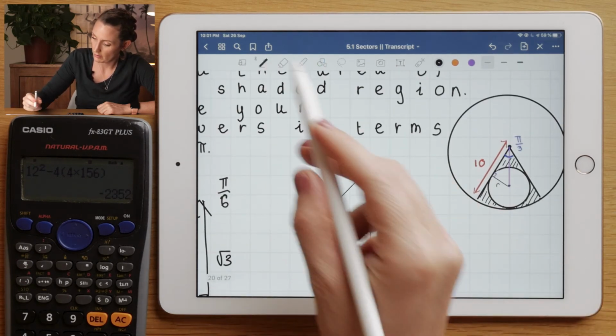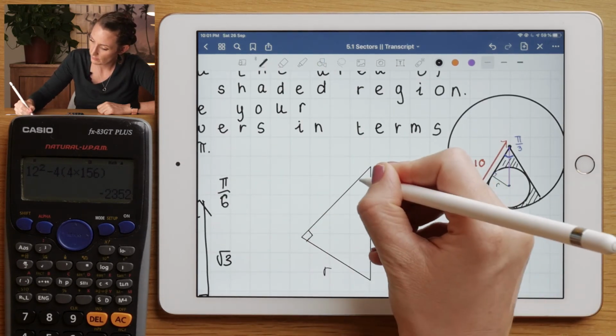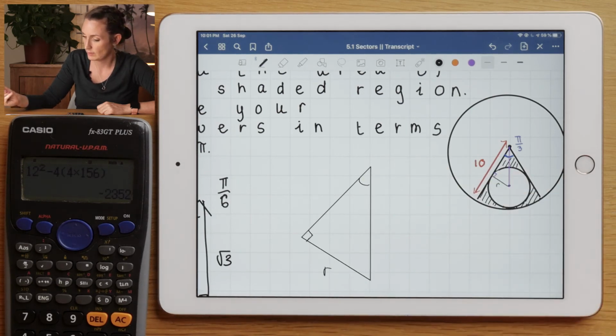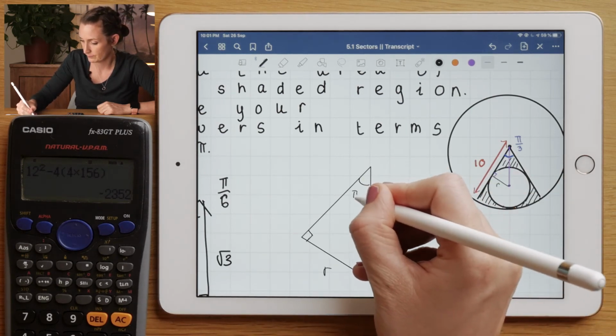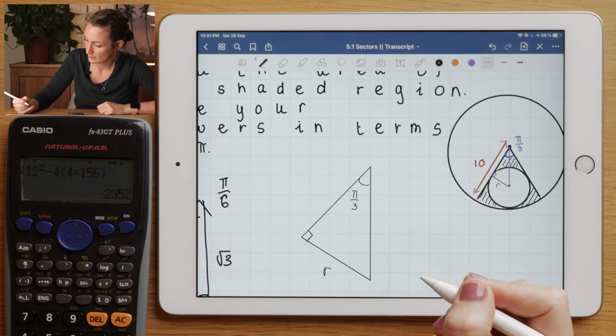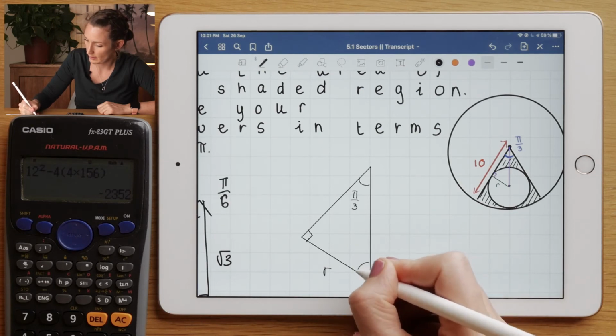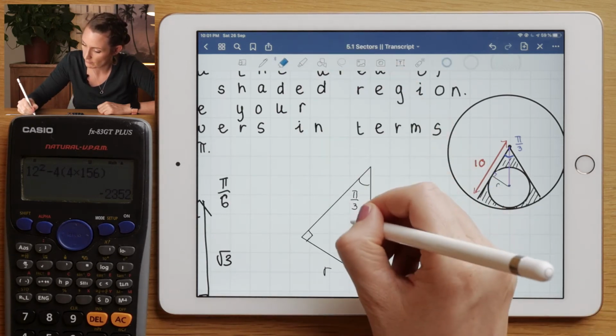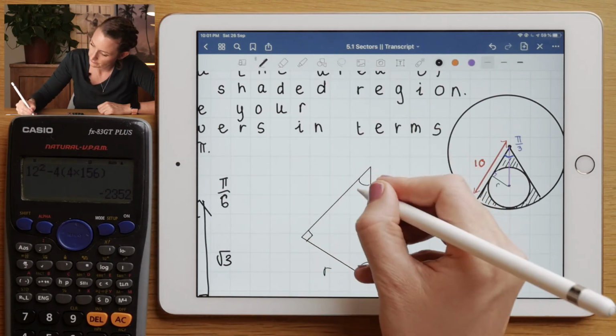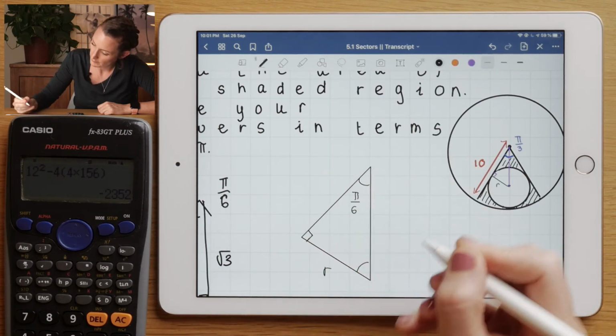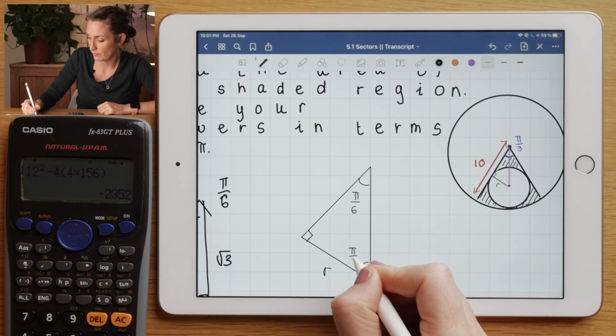Here we've got r. This angle here is going to be pi over 3. And this angle here is going to be pi over 6. And this angle here is going to be pi over 3.